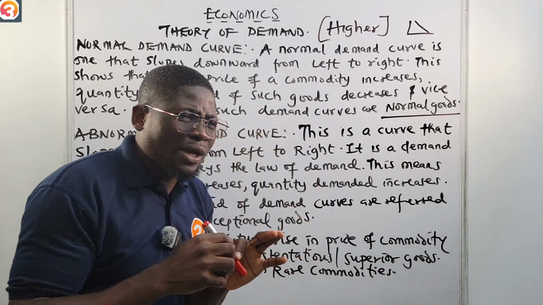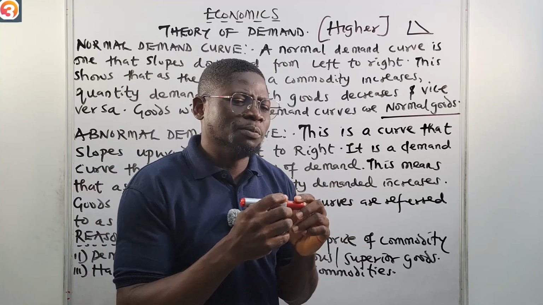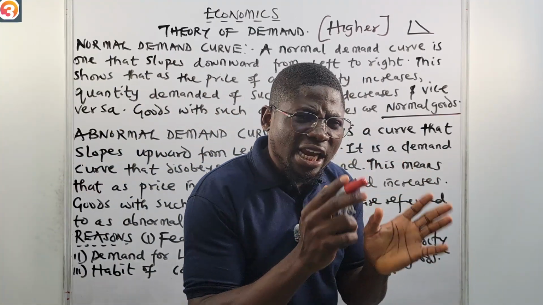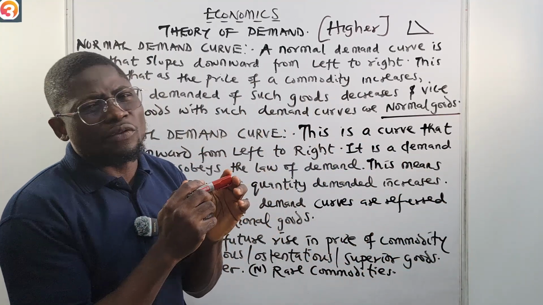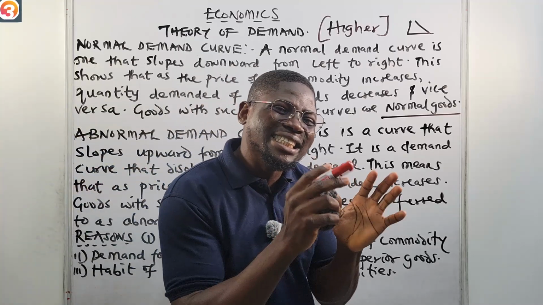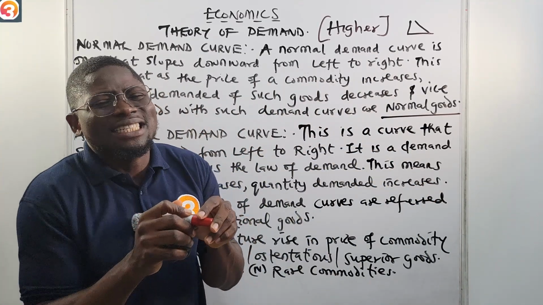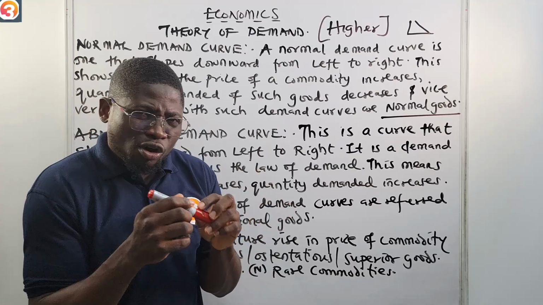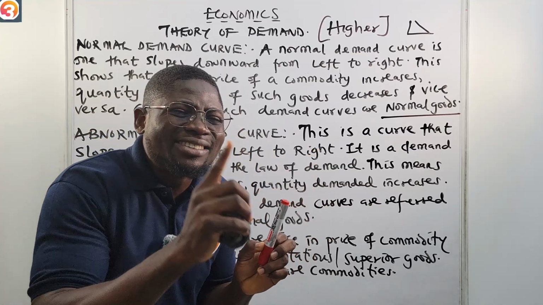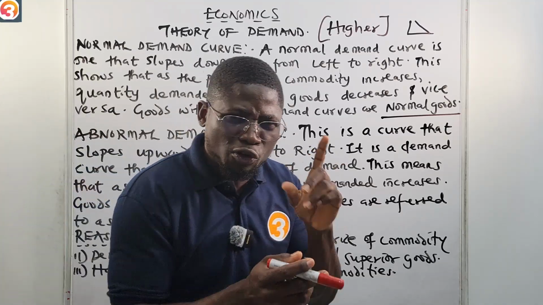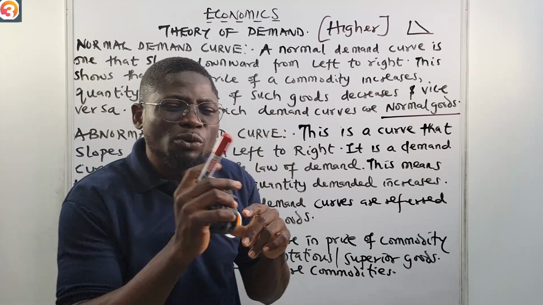I told you earlier in the previous episode that the relationship between the price of a commodity and the quantity demanded is negative. It is inverse, because there's an indirect relationship between the price of a commodity and the quantity demanded.